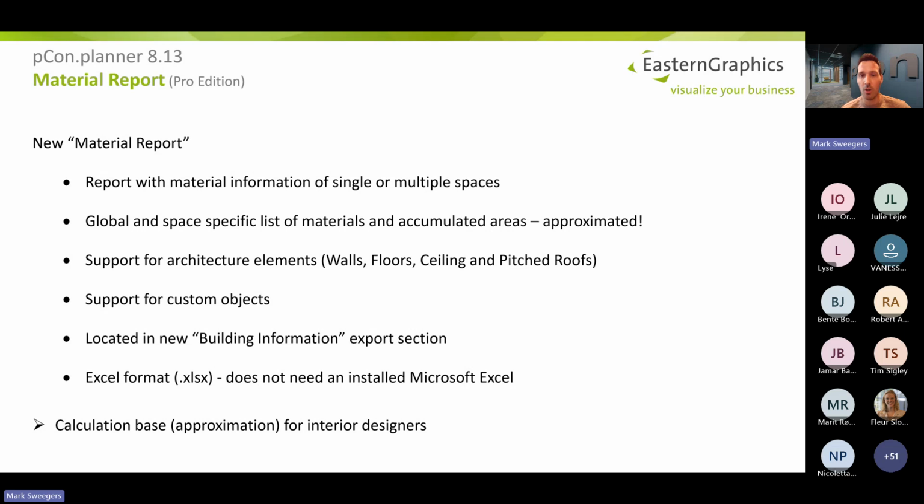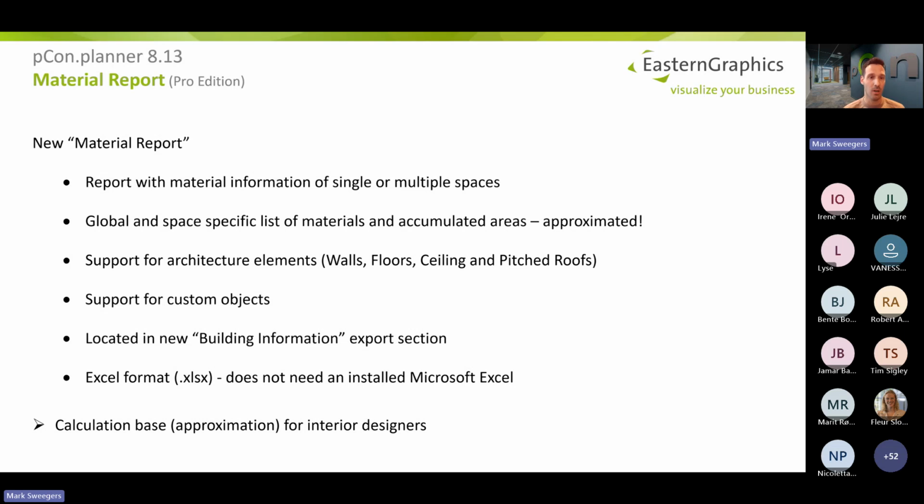So it's about walls, floors, ceilings, and pitch roofs, for example, that are included in the generated Excel file. Area measurements according to gross and net areas and circumferences are included, and a wide range of architecture elements are also taken into account, as well as user-defined objects with their own names.